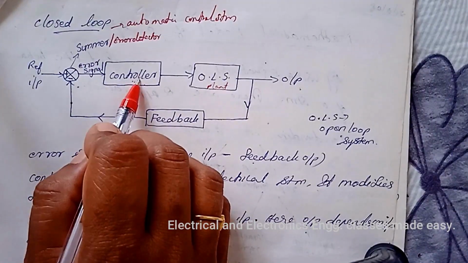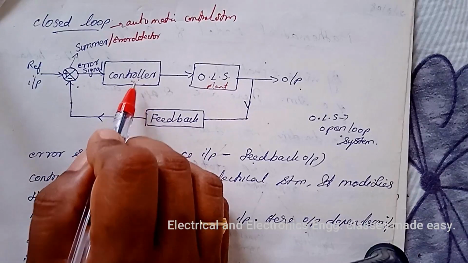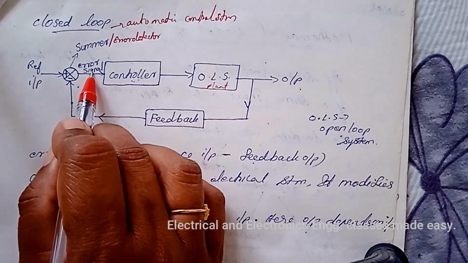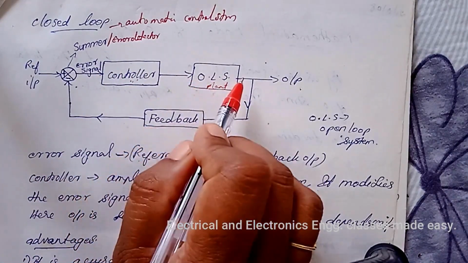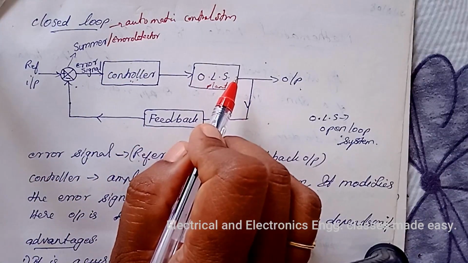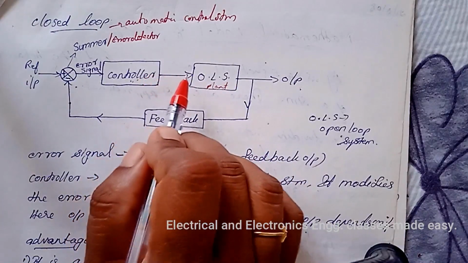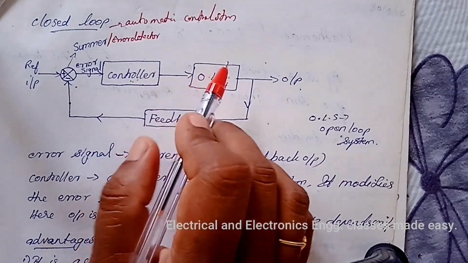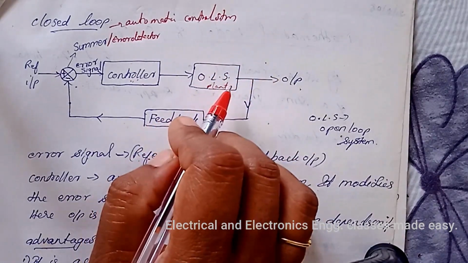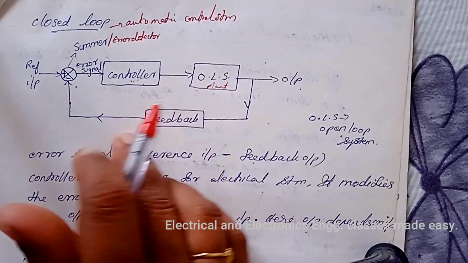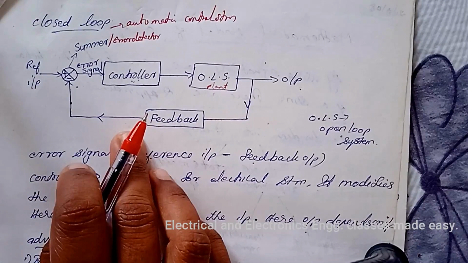The controller modifies and amplifies the error signal to produce better control action, and the modified error signal is fed to the plant to correct its output. So this is about the closed loop system.